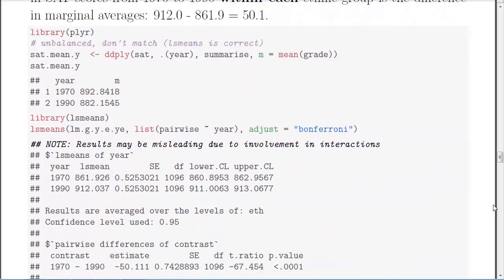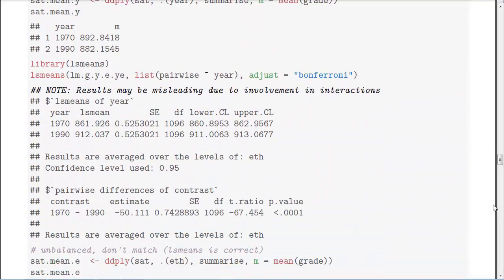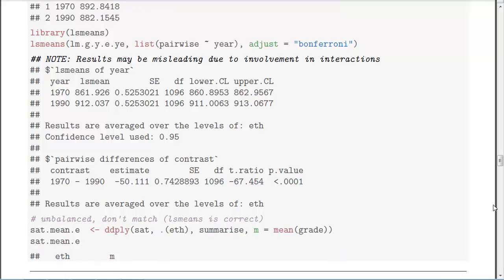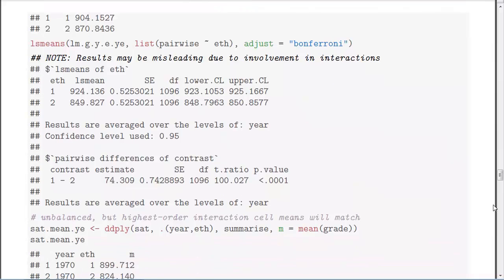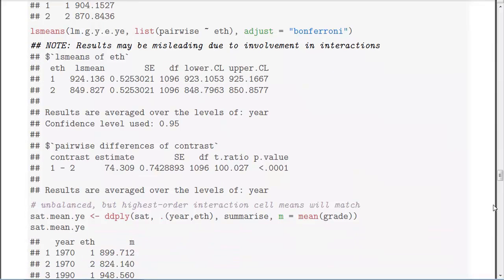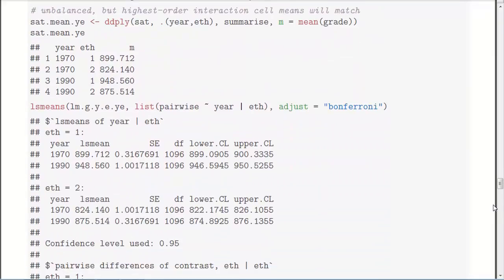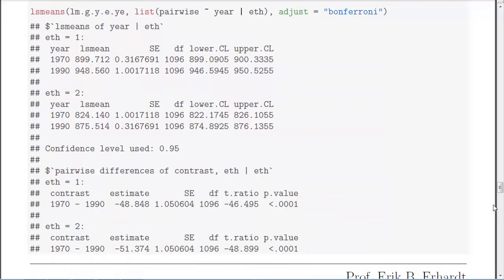We can use plyr to calculate some of the means. Let me scroll through some of this, and I want to point out the pairwise comparisons of the years for each ethnicity.